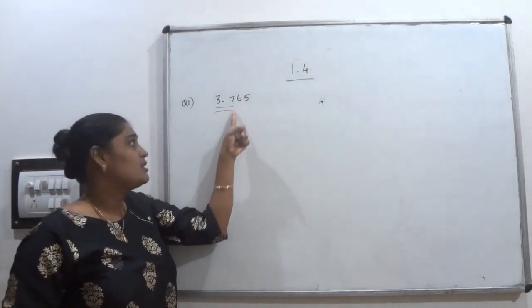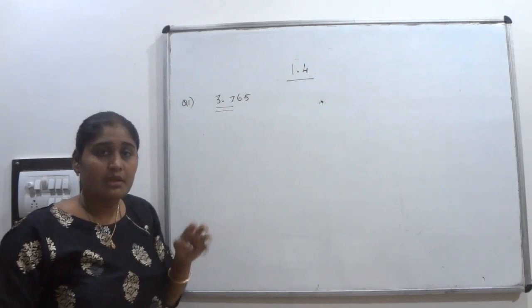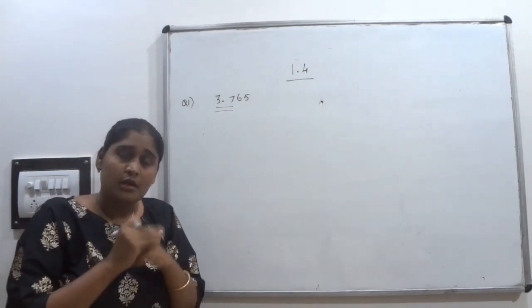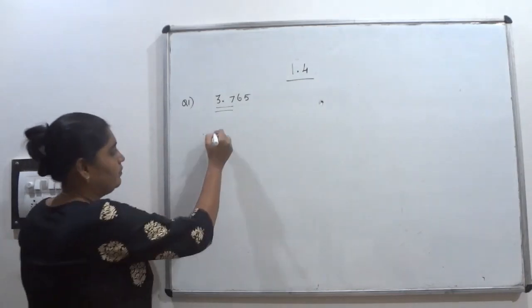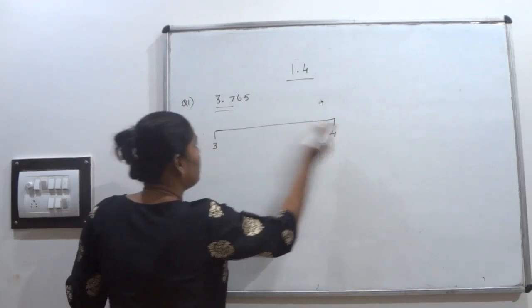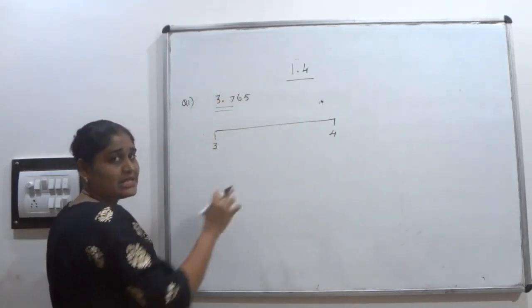3.7. Only one digit I have taken, so 3.7. It lies between 3 and 4. Only one decimal place I have taken.